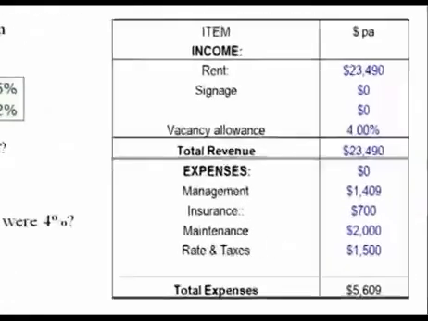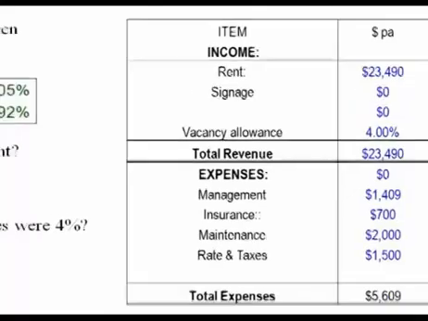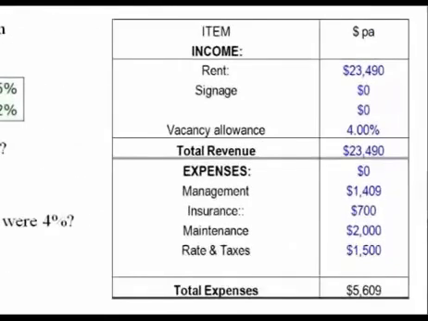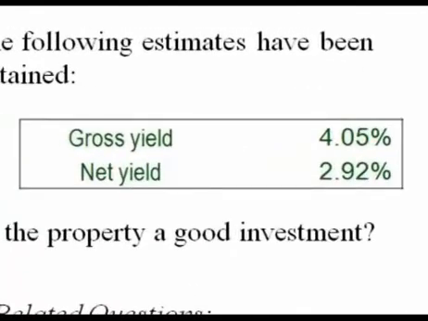If we make some general estimates about management, maintenance and other expenses, we find this particular property has a gross yield, in other words the ratio of the rent divided by the value of the property, of about 4%, about 4.05%. By the time we look at a net yield, which is the yield after the costs have been taken out, we find that comes down to a tad under 3%.